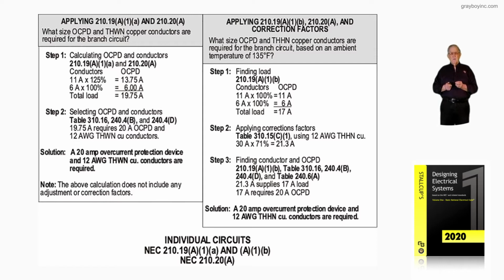So let's review now the illustration and boxed in information to the right of the illustration. Another question is asked. What size overcurrent device and THWN copper conductors are required for the branch circuit based on the ambient temperature of 135 degrees Fahrenheit?